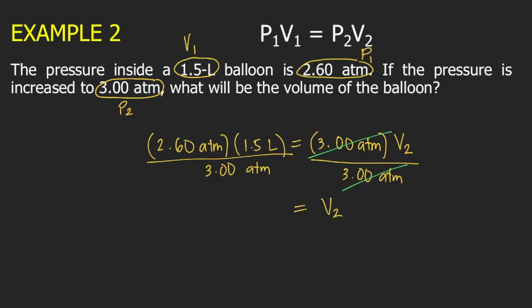And on the left side, atm will cancel. So the remaining unit would be liters. And if you solve this in your calculator, 2.60 times 1.5 divided by 3, this is equal to 1.3 liters. And this is the answer to the question.